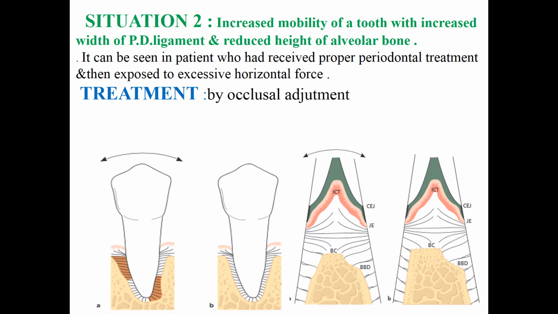So when the tooth is exposed to excessive occlusal or horizontal forces, inflammatory changes will occur, and there will be a pressure zone. In the pressure zone, there will be bone resorption. As a result of bone resorption, there will be an increase in the width of the periodontal ligament space, and this will lead the tooth to become hypermobile. So the treatment of this condition also is by occlusal adjustment.